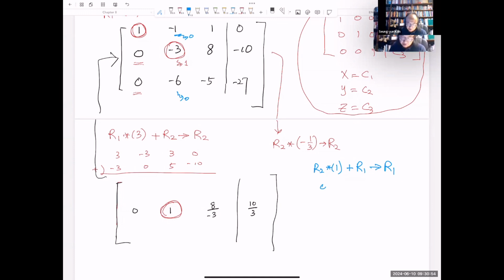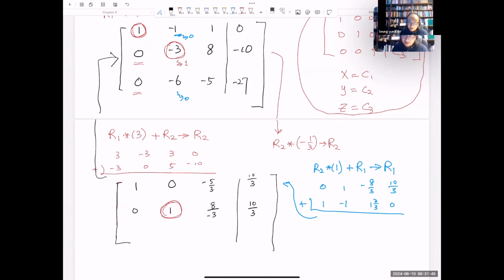So 0, 1, -8 over 3, 10 over 3, and the first row 1, -1, 1, 0. We add, and the result is 1, 0, 3 over 3, -5 over 3, and 10 over 3.